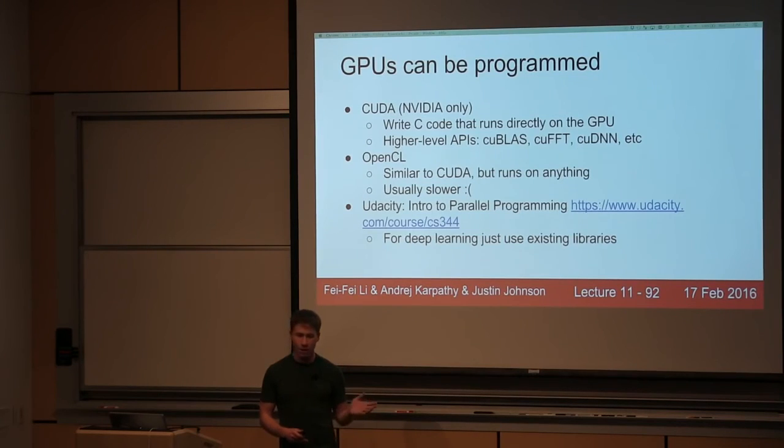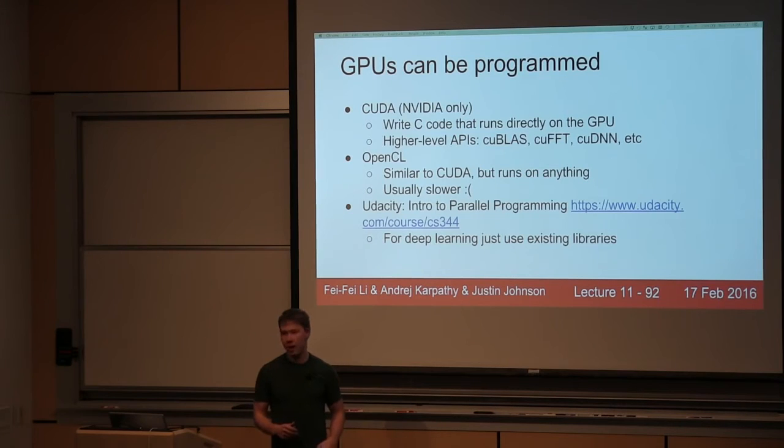From NVIDIA, we have this framework called CUDA that lets you write a variant of C to write code that runs directly on the GPU. And there's a similar framework called OpenCL that works on pretty much any computational platform. Open standards are nice, and it's quite nice that OpenCL works everywhere. But in practice, CUDA tends to be a lot more performant and have a little bit nicer library support. So at least for deep learning, most people use CUDA instead.